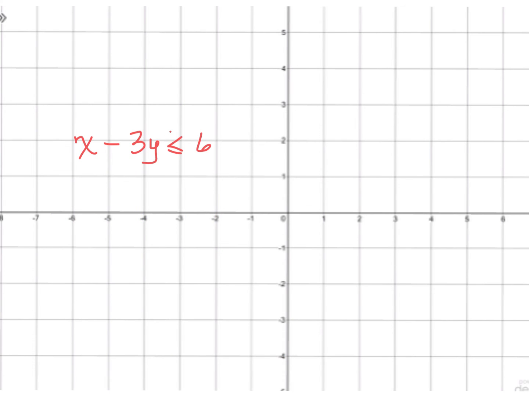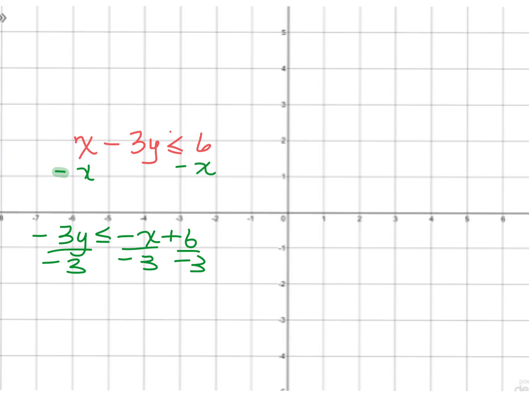One more, just a quick reminder. Putting this in slope-intercept form, subtract that x: negative 3y less than or equal to negative x plus 6. Then I'm going to divide by that negative 3, that thing we talked about in the fall, that rule that will always be there with inequalities no matter what you're doing. If we divide by a negative, we need to flip that inequality around.